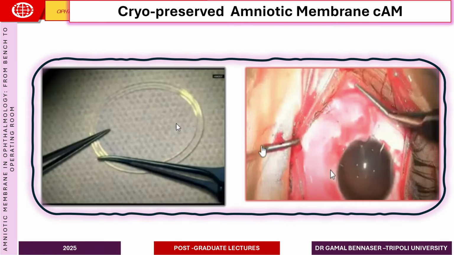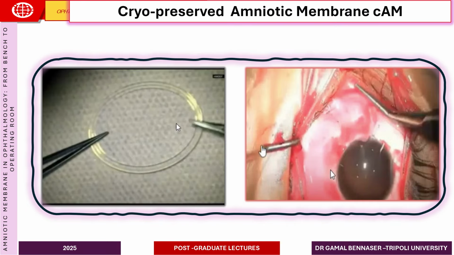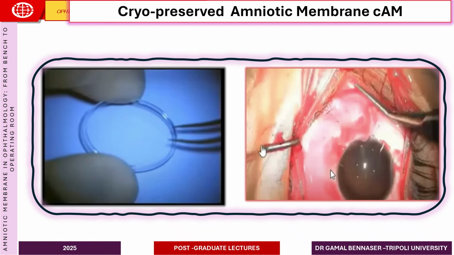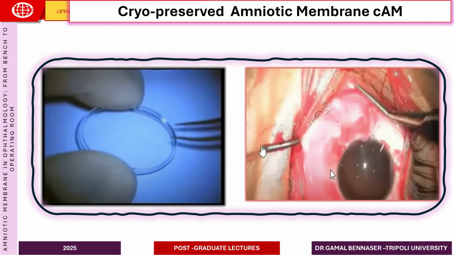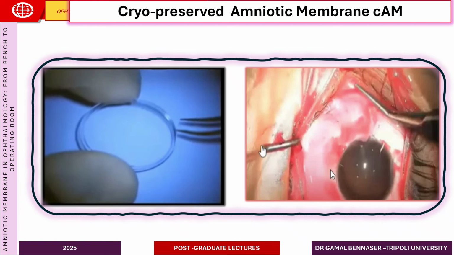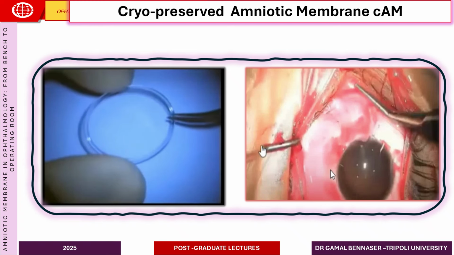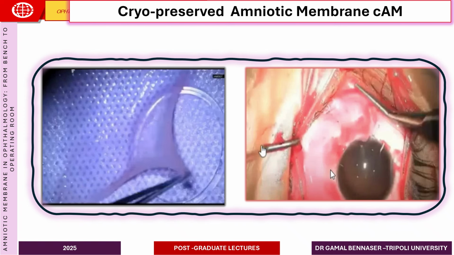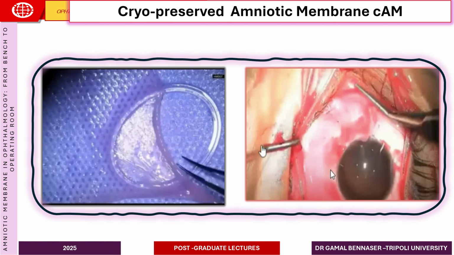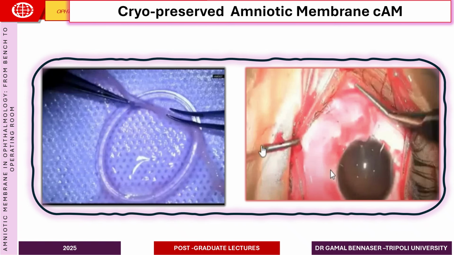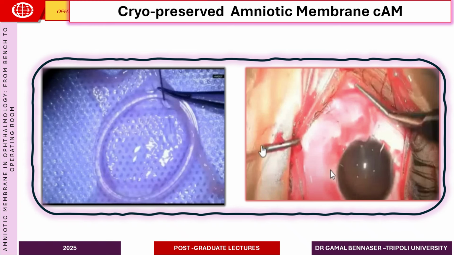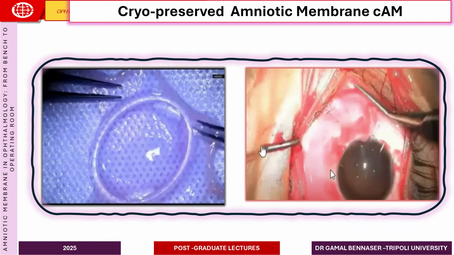In this video animation, I will show how the cryopreserved amniotic membrane by Prokera rings is prepared. Before, this was prepared manually. Now it comes as ready-made rings with a specific thickness, as I said before, according to the Prokera Slim or Prokera Classic.